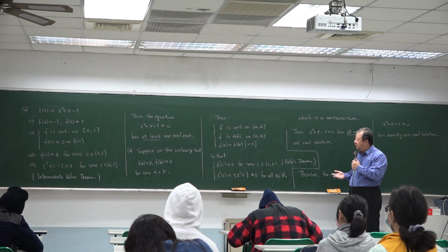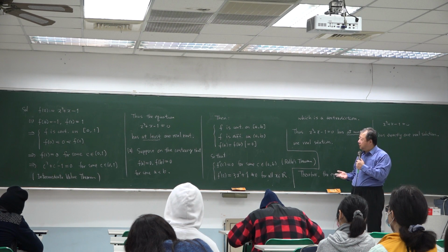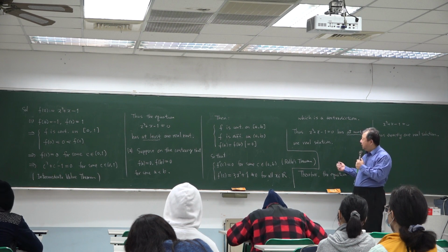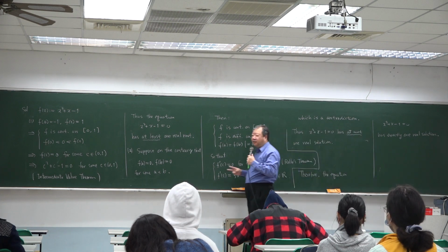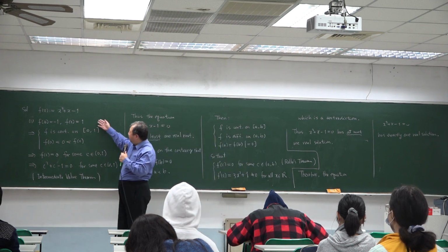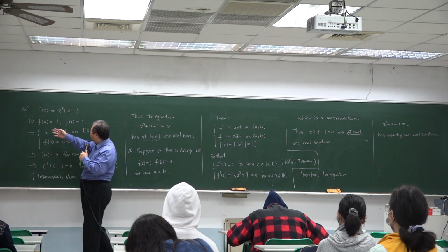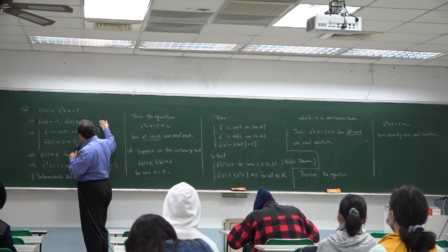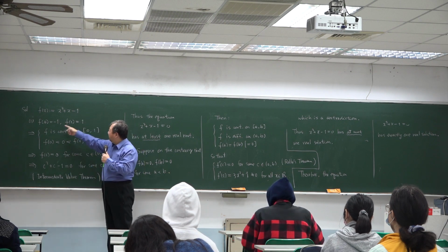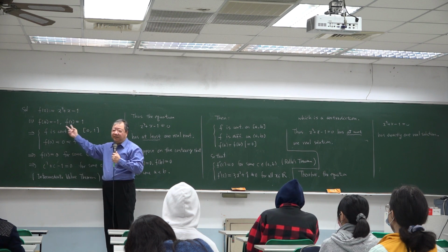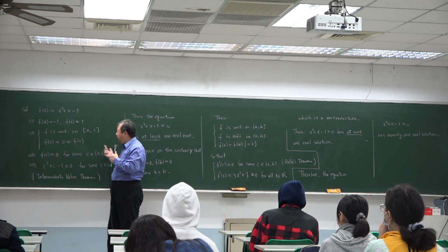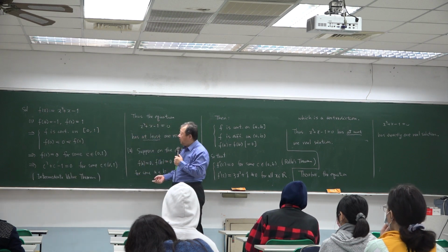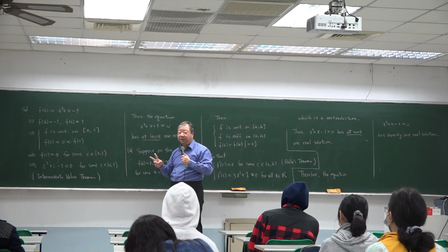Okay, so this is a very good example. If you want to show some equation has exactly two real solutions, you can find the third value. Maybe here f of 2 is positive and negative, then the signs change. So by intermediate value theorem, there are at least 2 real solutions.